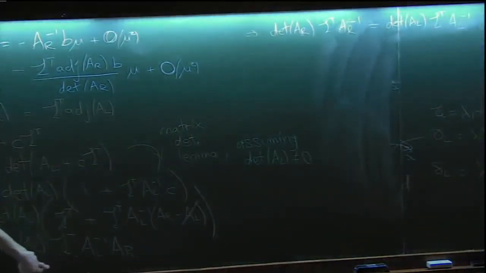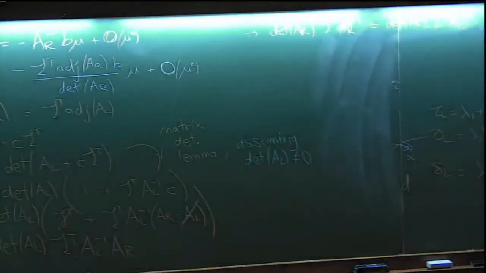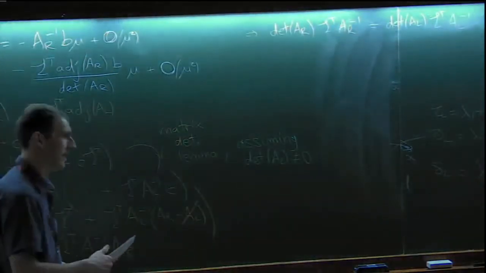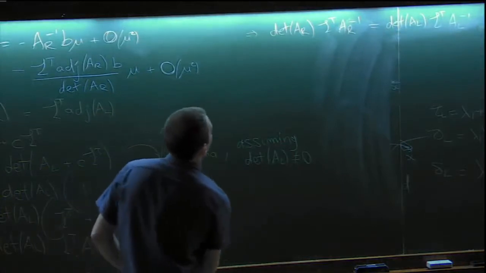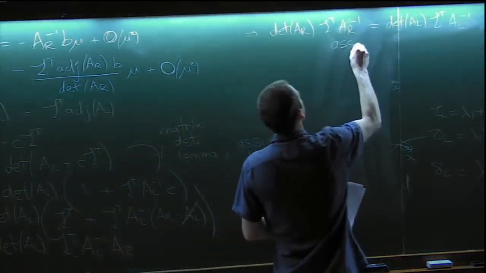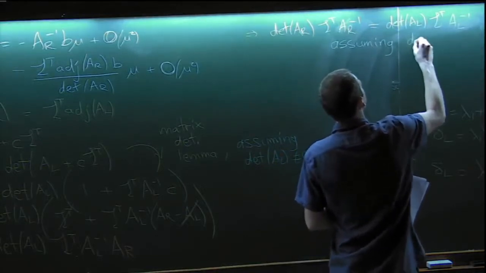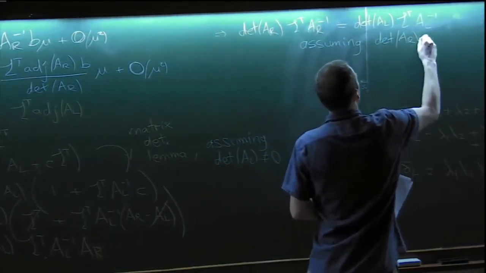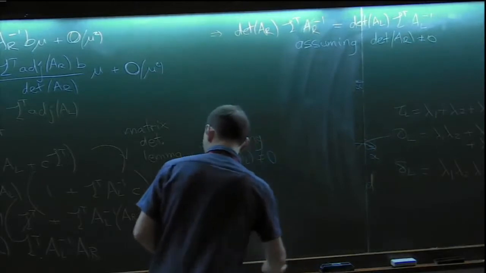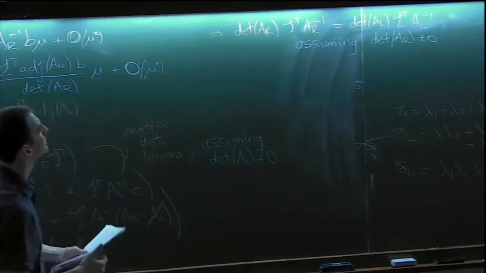Okay, so I multiply both sides by AR inverse, which assumes that AR is invertible, assuming determinant AR is not 0.